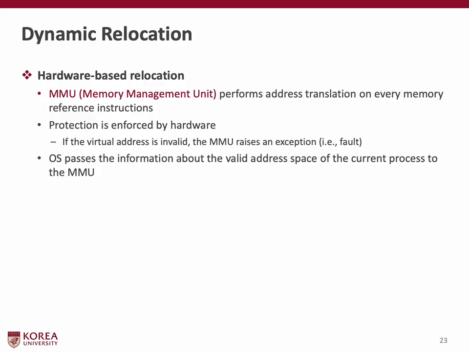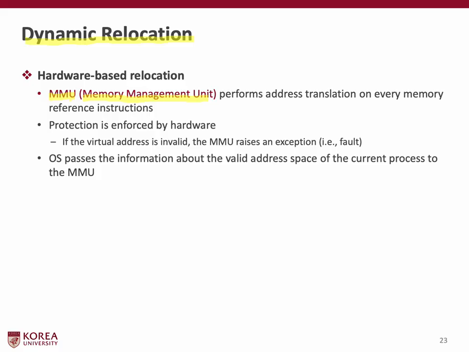To overcome these problems, we use dynamic relocation, which is a hardware-based method using a component called MMU, which stands for Memory Management Unit. Basically, the MMU performs address translation automatically every time a process accesses memory. And it also enforces protection.